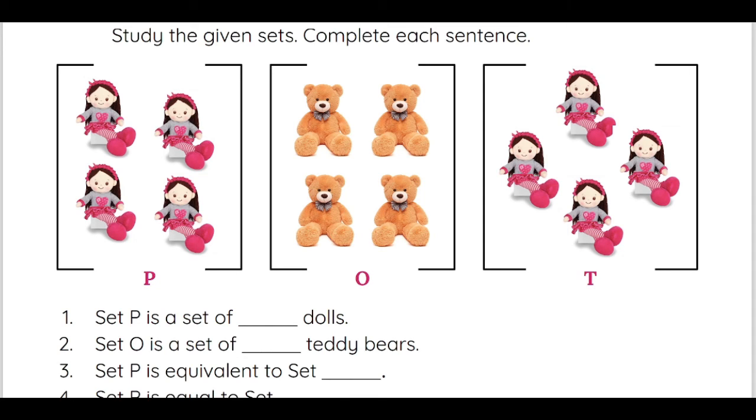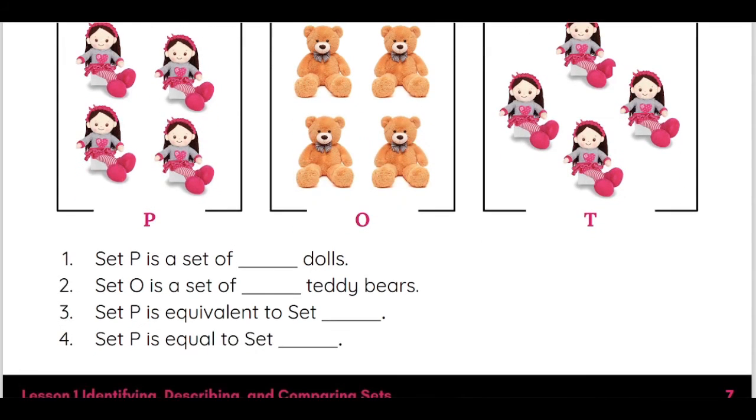Now let's go to number 2. Set O is a set of blank teddy bears. Again, how many teddy bears are there? You got it correct. There are 4 teddy bears there. Set P is equivalent to set what?